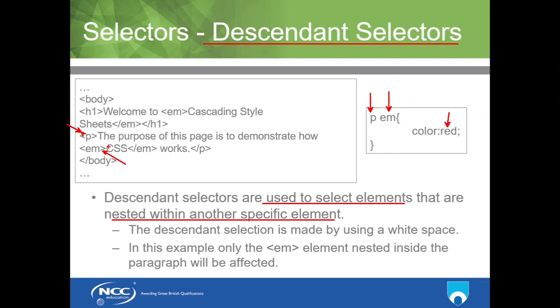So in this particular example, then this value CSS will be colored red. Even though, for example, the paragraph will be colored blue, every time we have an M inside a paragraph, we will color it red. So that is what we call descendant selectors.